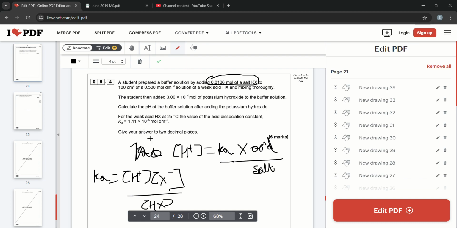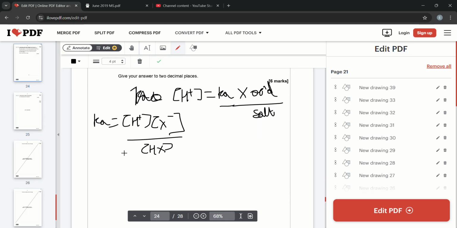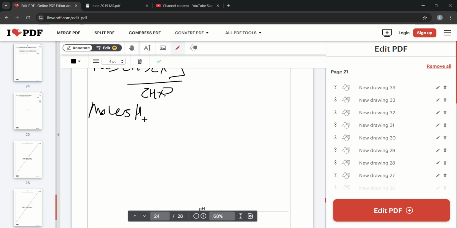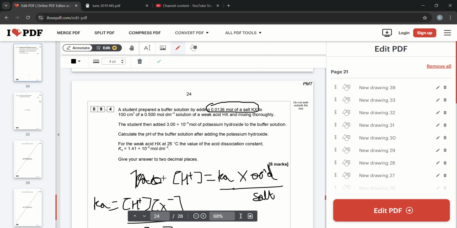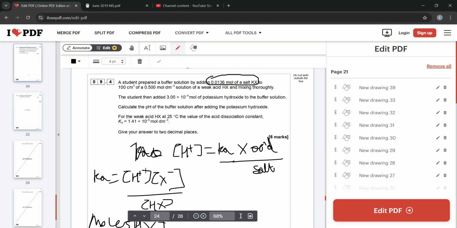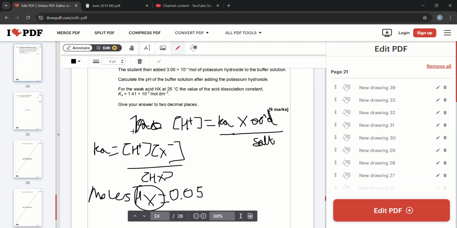So we can find the moles of the weak acid, so moles of HX, just clarifying to the examiner this is the thing we're trying to find the moles of, which is 100 divided by 1000, concentration times volume, 0.05.